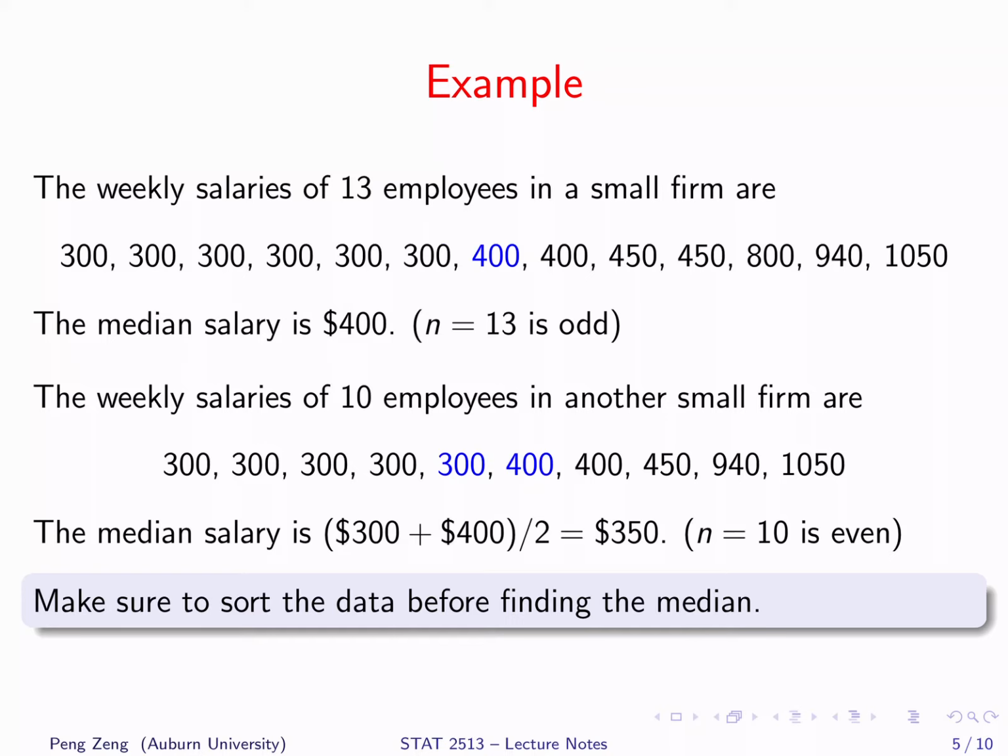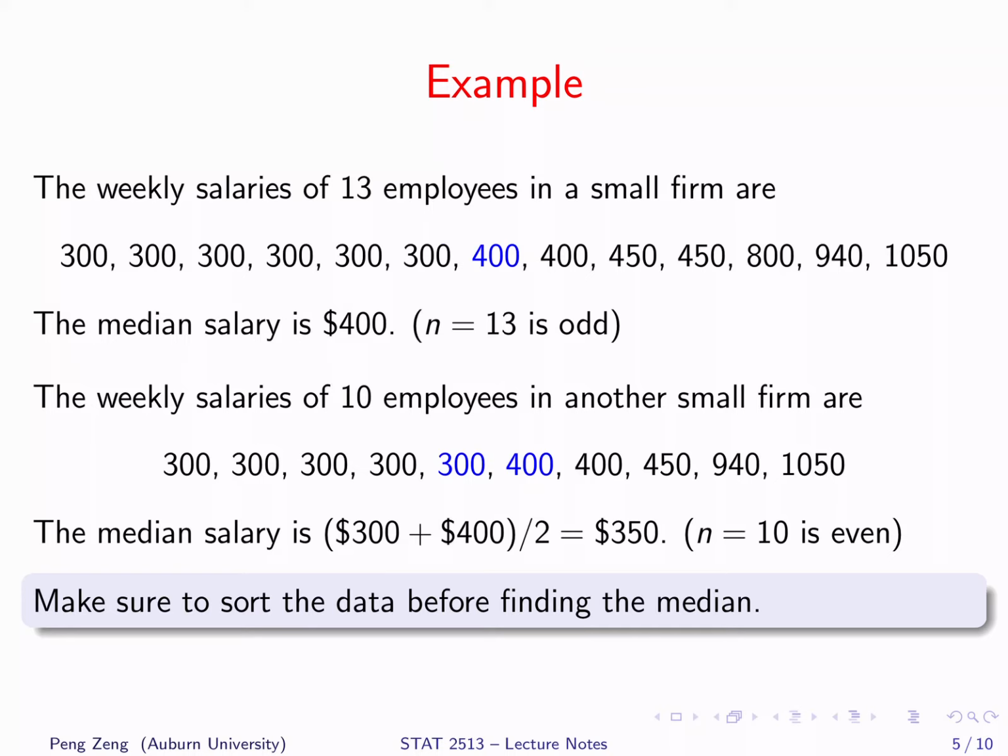In the second example, the sample size is 10, and it is an even number. So the median is the mean of the two middle observations. The data has already been sorted. The two middle observations are the fifth and the sixth numbers in the list, which are 300 and 400. Therefore, the median is their average, which is 350.